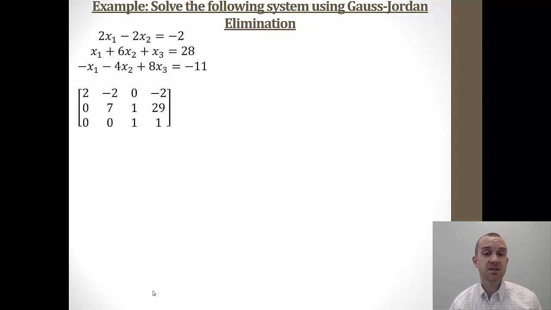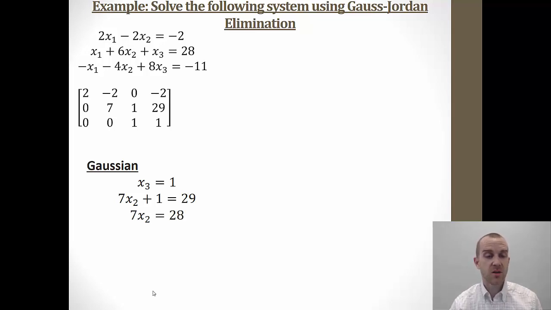Now, if we're in Gaussian elimination, that's all we need to do. We've got it to a point where we have one of our variables, and we can then back substitute up through the matrix. So we can say we know x3 is 1. So let's go back to the second row. We know that 7x2 plus 1, because it's 1 times 1, will equal 29. We solve that basic two-step equation and we get that x2 is 4.